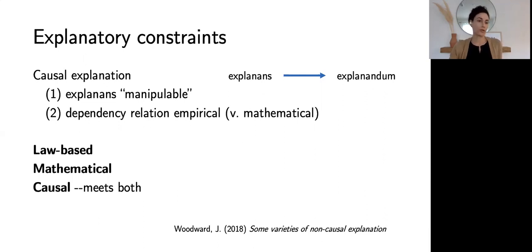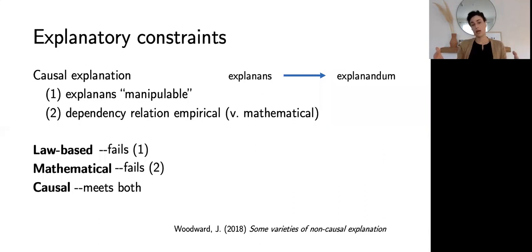An explanatory constraint is going to be mathematical when it fails that second criterion and its dependency relation is mathematical instead of being empirical. And an explanatory constraint is going to be law-based when it fails the first criterion. Its explanans is not something that is hypothetically manipulable.